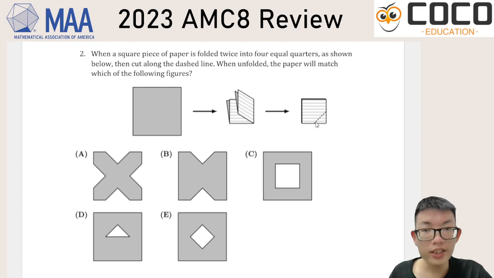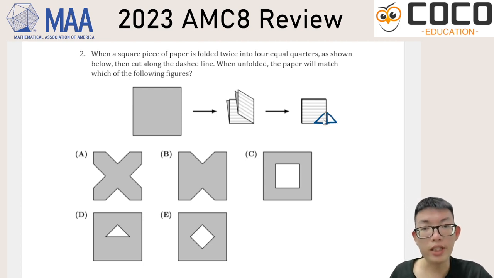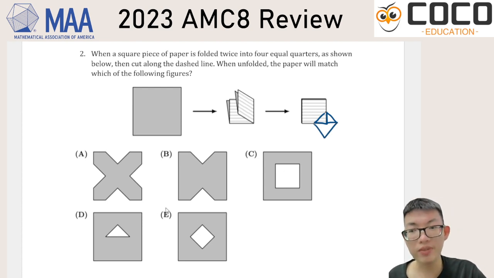So this first corner here, when you unfold it one time, it will become this, and when you unfold it one more time, it will become this. So the gap should be a diamond shape in the middle, which is option E.